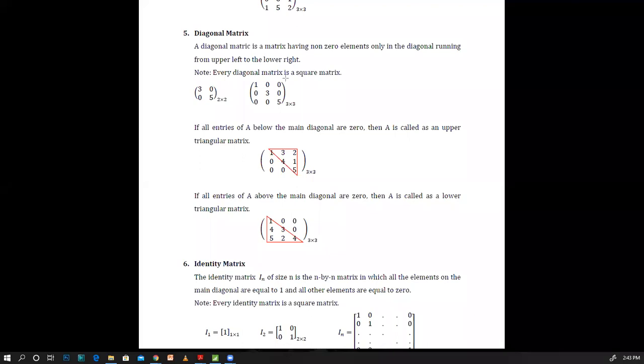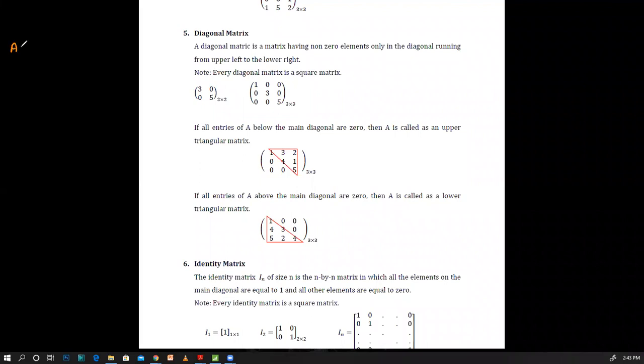Now think about the first case. If all the elements below the main diagonal of a given square matrix are zero, then we say such a matrix is an upper triangular matrix. It is quite like this.